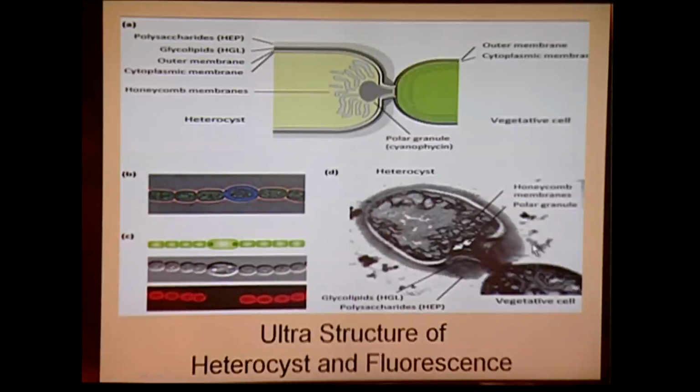This polar granule has the cyanophycin granules. These cyanophycin granules are the stored food. During the process of nitrogen fixation, the nourishment is provided by the cyanophycin granules, which produce these white channels. So it produces a sort of honeycomb-like structure, which is nothing but the gradual dissolving of the cyanophycin granules. Ultimately, this is the mature heterocyst.